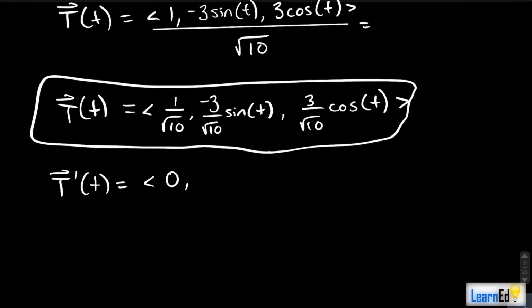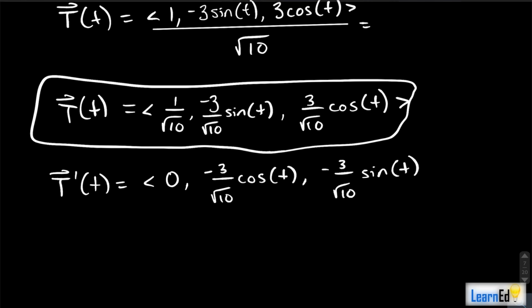And then we have the derivative of negative 3 sine t over rad 10, which is negative 3 over rad 10 cosine t. And then we have the derivative of 3 over rad 10 cosine t, which is just going to be negative 3 over rad 10 sine t. All right, we're going to put that over the magnitude of T prime of t.